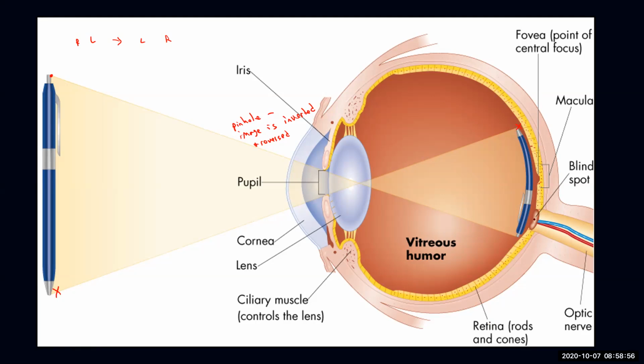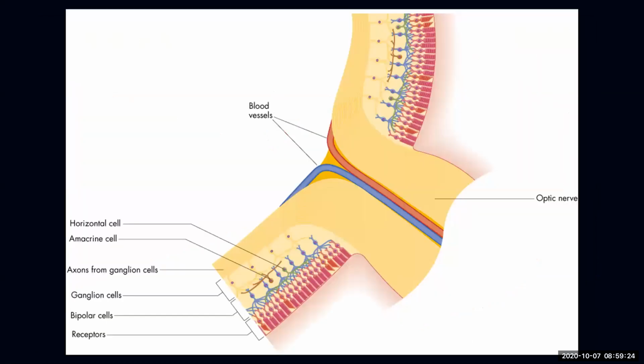If you look here, we don't have any photoreceptors. We have all the axons leaving the brain. So if the light hits the blind spot, you wouldn't detect this part of it. Now your eye is constantly moving so that the image doesn't stay on the blind spot and your brain sort of fills in the blanks. We'll talk about that a little bit more.